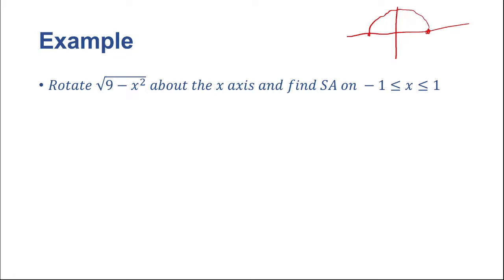And we're rotating this about the x-axis, so we're going to end up getting a sphere, but we're only on -1 to 1. So we're going to be getting like a little bit of a sphere, like that little napkin ring. We want to find the surface area of this napkin ring. So we want to find this area here.